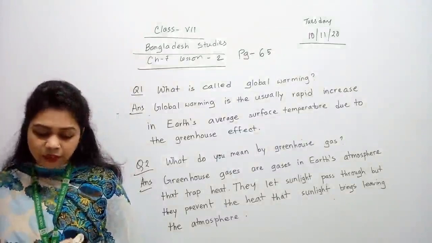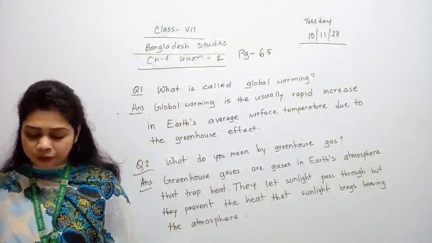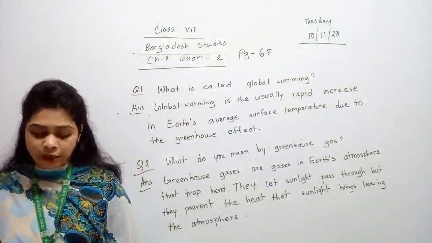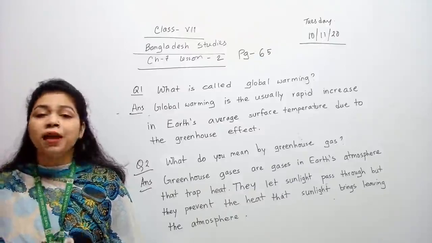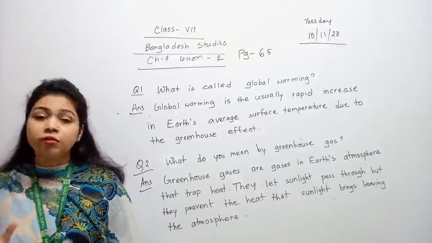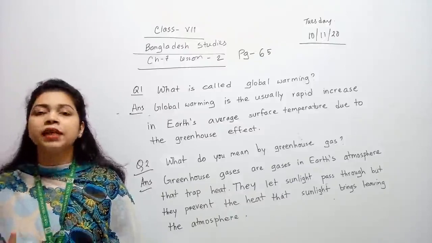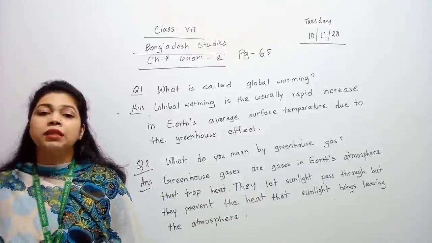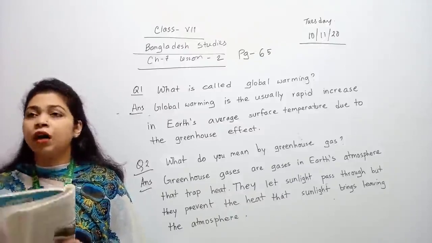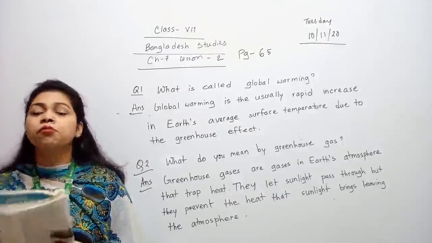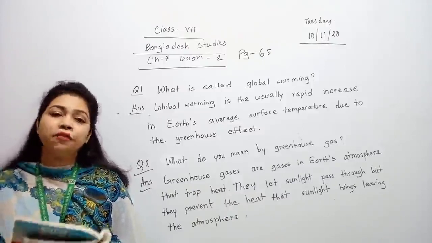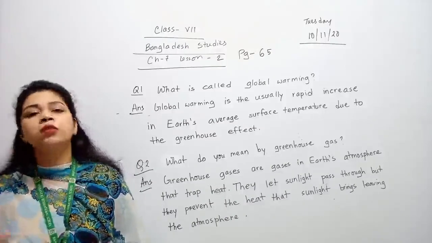These developed countries are most responsible for the change in climate, but we are the ones to bear the maximum brunt of this. In the second para, they have discussed that the developed countries are actually using more fuel and causing more heat than the developing countries, but we also suffer.